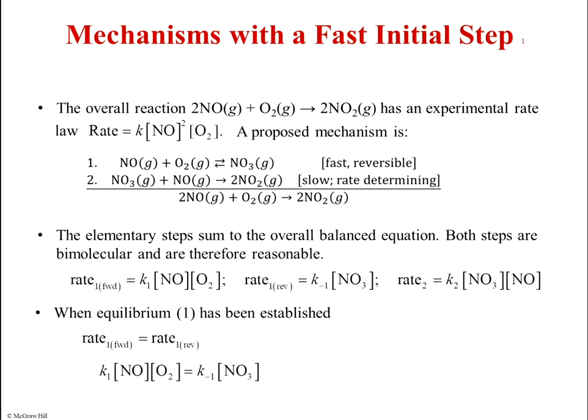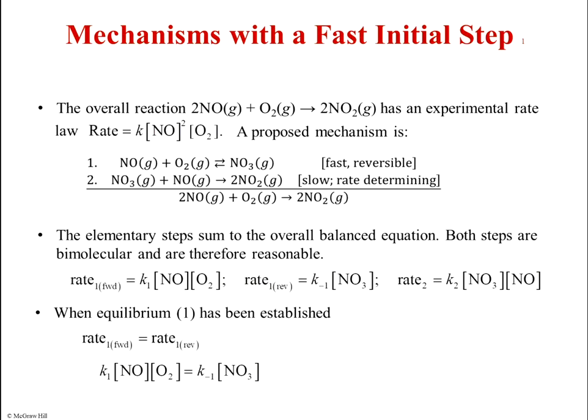And then nitrogen trioxide reacts with nitric oxide to give 2NO2, which is the slow rate determining step. If we add these two steps together, we get our overall reaction. So the elementary steps sum to the overall balanced reaction. That's good. Both steps are bimolecular and therefore reasonable.